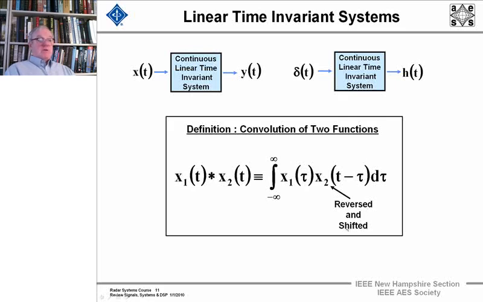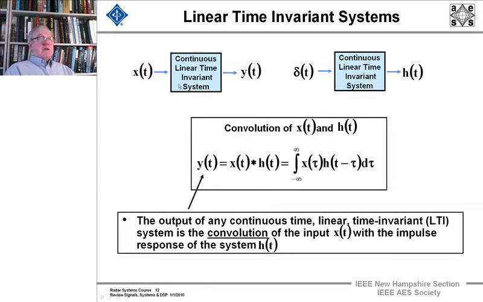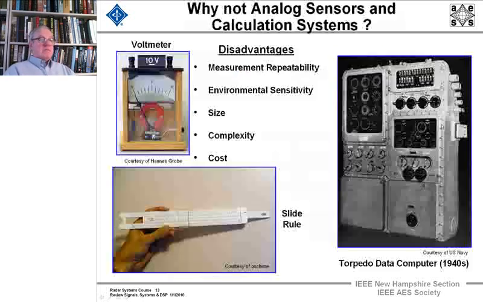Notice that's reversed and shifted, integrated over tau space, which goes from 0 to infinity. Now for linear time invariant systems, y of t is equal to x of t convolved with the impulse response of the system. And here we can write it. And we're going to see in the digital world there'll be a similar form for it.